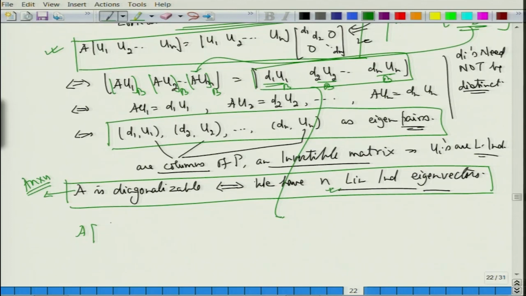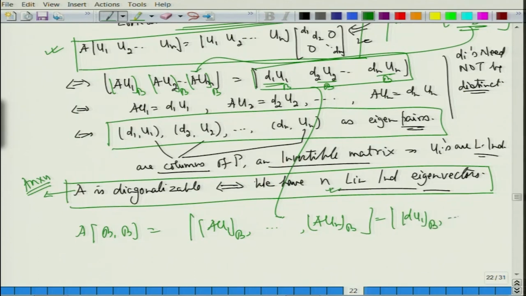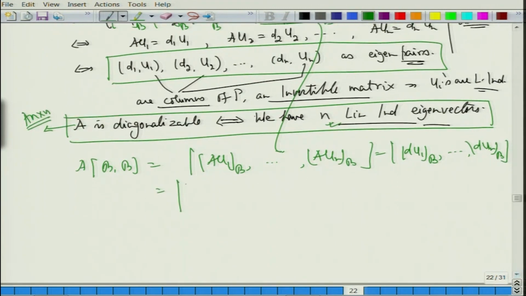So let me write here. I'll have to compute A of B, B, which will be equal to A of u1 till A of un with respect to B, which will be equal to D of u1 with respect to B till D of un with respect to B, which will be equal to D1 0 0 0, 0 D2 0 0 0, and Dn here.